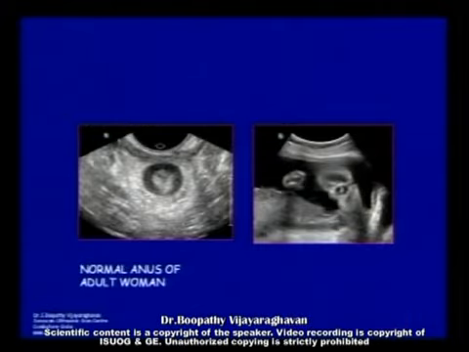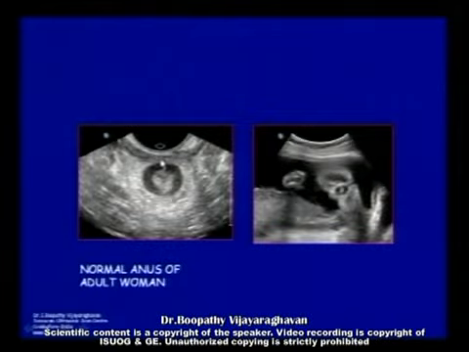I want to show you the image of the anus of an adult woman, seen by placing the endovaginal probe in the distal vagina, and you are all familiar with this image.